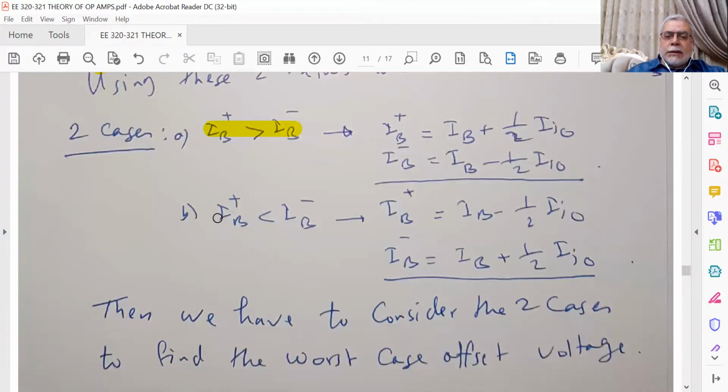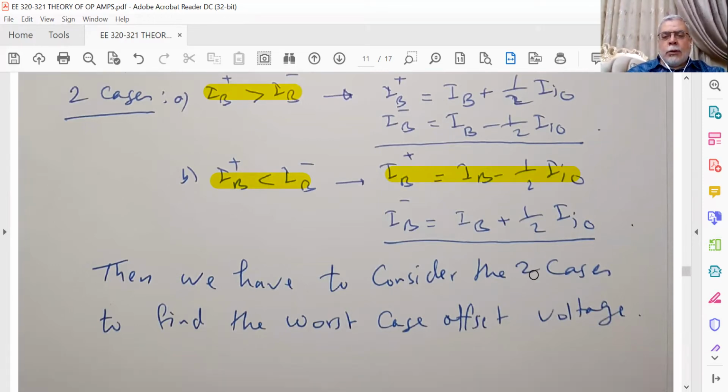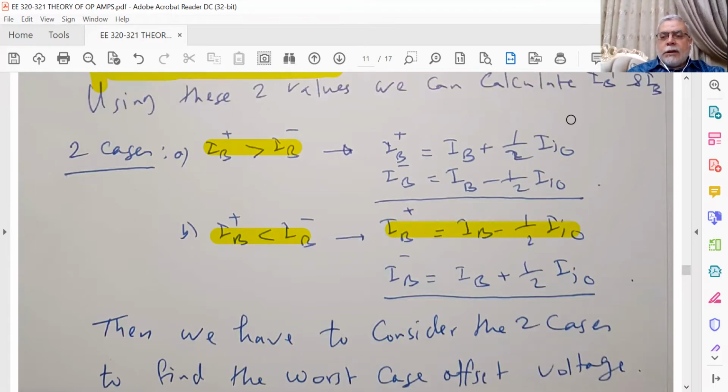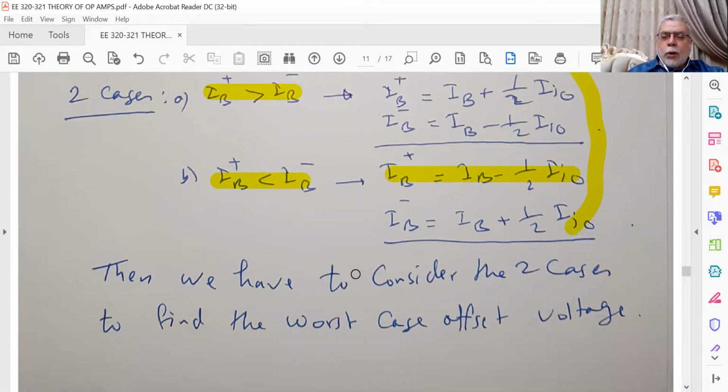If IB plus is smaller than IB minus, IB plus will be IB minus 1/2 of IIO, and IB minus equal to IB plus 1/2 of IIO. So in general, for these circuits, we will study the two cases and be careful of the worst case.